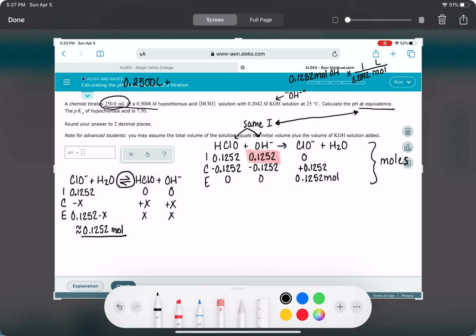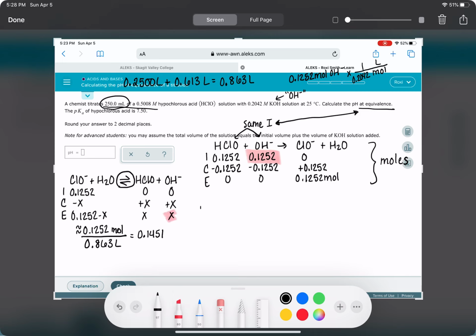That gives us a volume of 0.613 liters and a total volume of 0.863 liters. And a molarity of 0.1451.